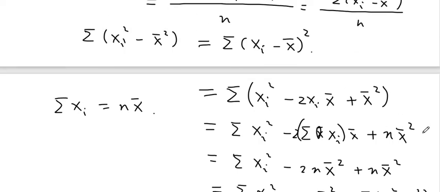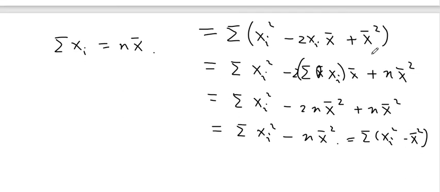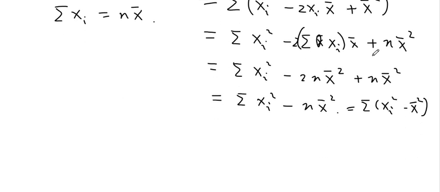Okay, so we just simplify this, so we can have this. We say sigma squared estimate equals the summation of (xi minus x bar) squared over n.